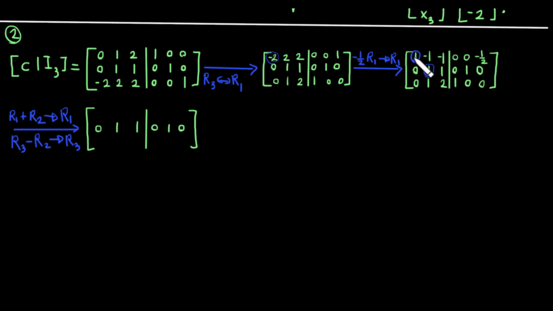So 1 plus 0 is 1. -1 plus 1 is 0. -1 plus 1 is 0. 0 plus 0 is 0. 0 plus 1 is 1. -1/2 plus 0 is the same, -1/2.